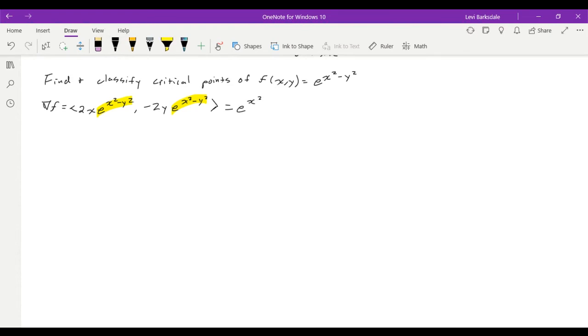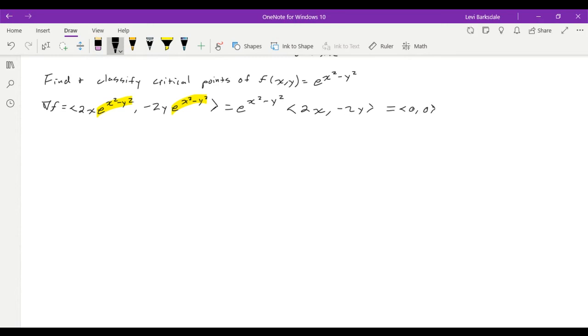So I get e to the x squared minus y squared. I could have also factored out a 2, but I've already started doing my factoring, so I'll just leave it like this. And critical points occur where this gradient is equal to 0.